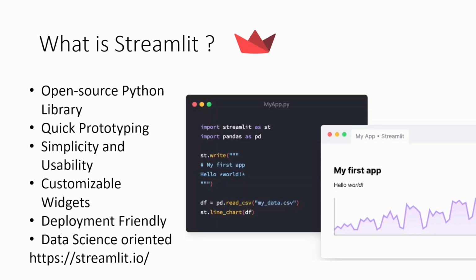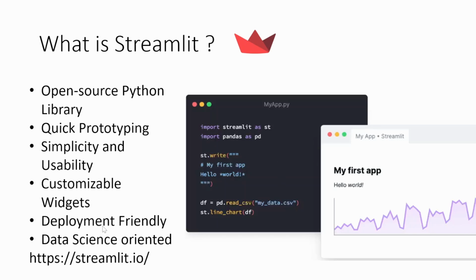On the screen you can see import streamlit as st, and whatever we write using st.write, st.line_chart, all these are different widgets. We will study more about these widgets, which are very customizable, and you can develop things very quickly.